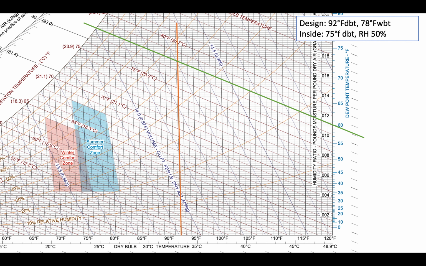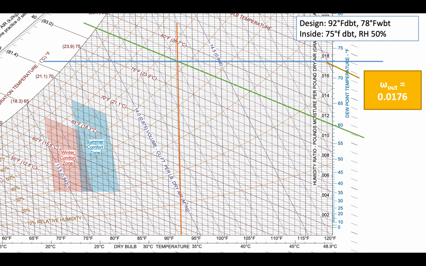The absolute humidity is what we find on the far right vertical axis, so we can read off what the absolute humidity of that state point is. Here we estimated it's about 0.0176 for the outside conditions.